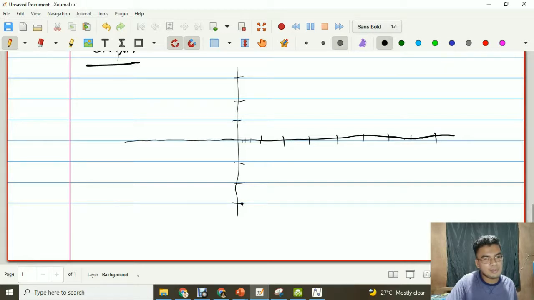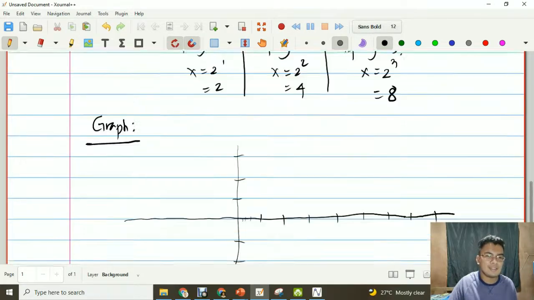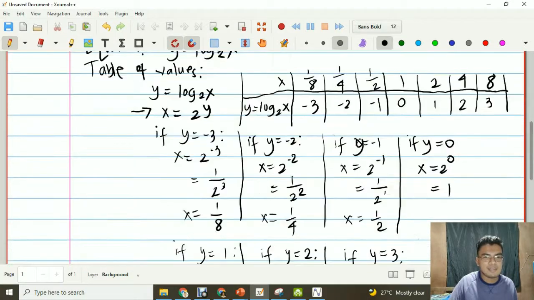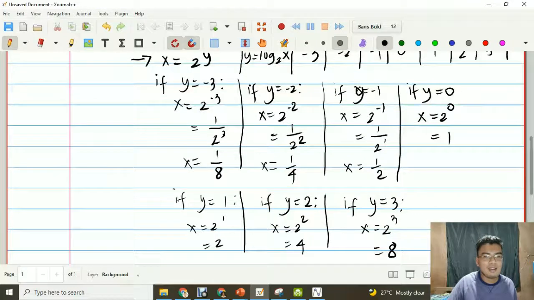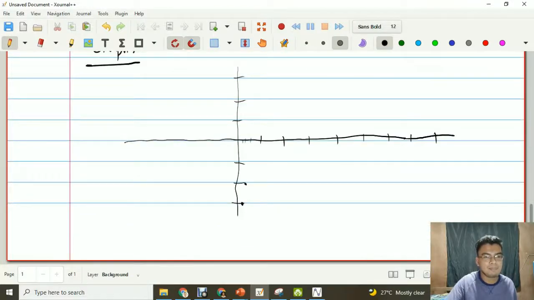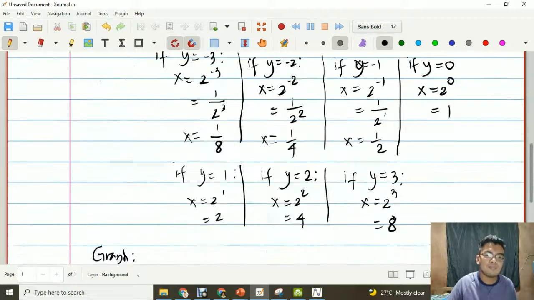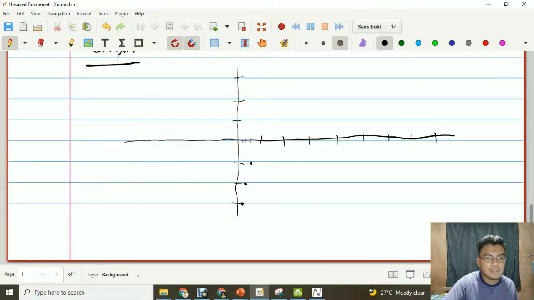If x is 1 all over 8, then y is negative 3. If x is 1 all over 4, y is negative 2. So, here it is. If x is 1/2, y will be negative 1. If x is 1, y will be 0.